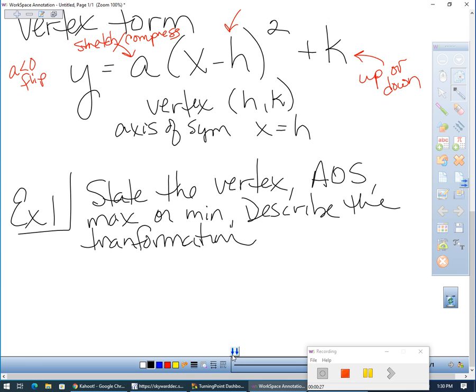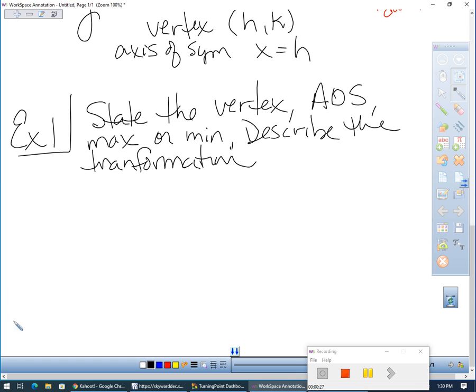All right. That's a lot of stuff all at once. Okay? We have y equals 2 times (x minus 4) squared plus 5.